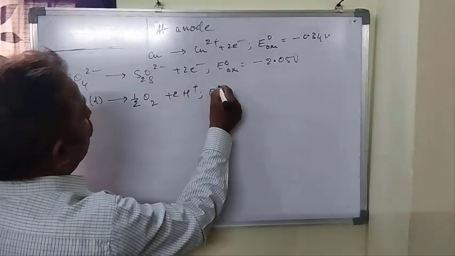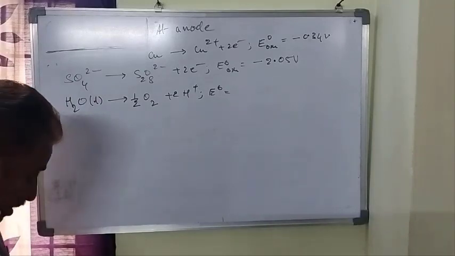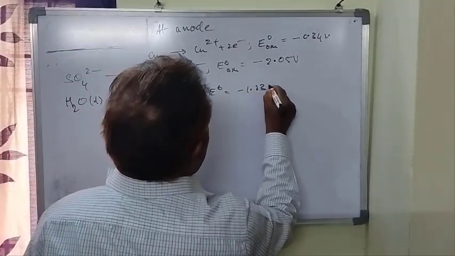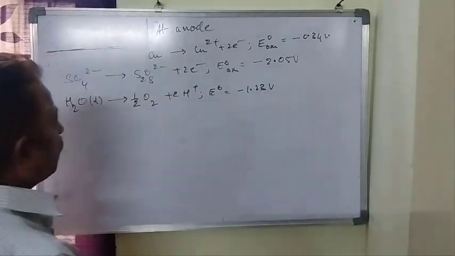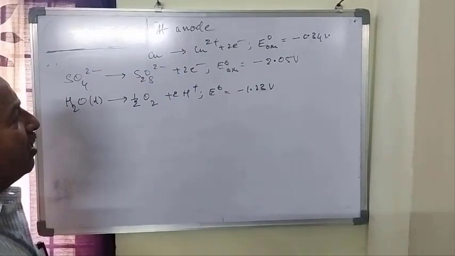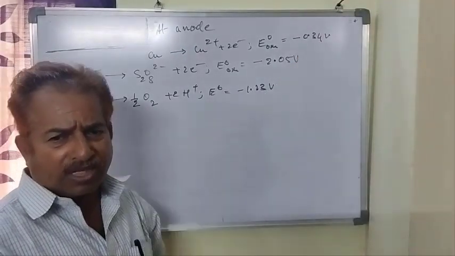E0 electrode potential is equal to minus 1.23 V.